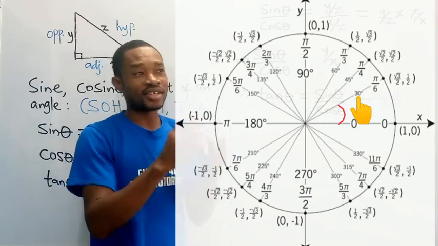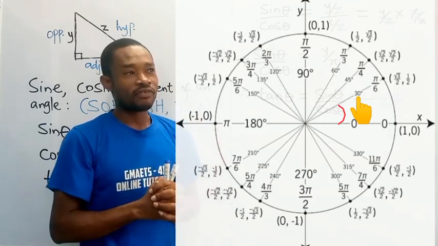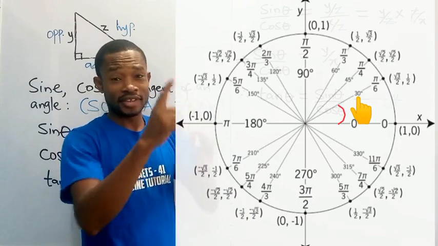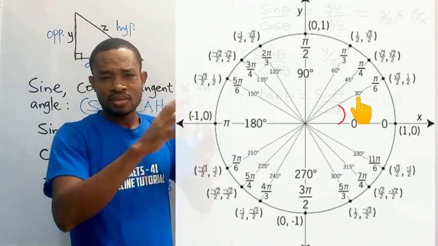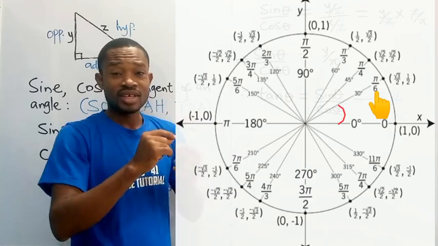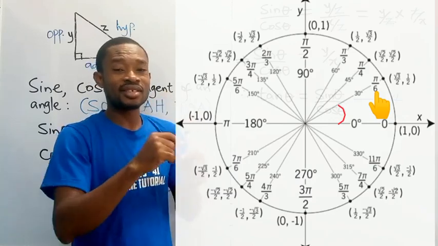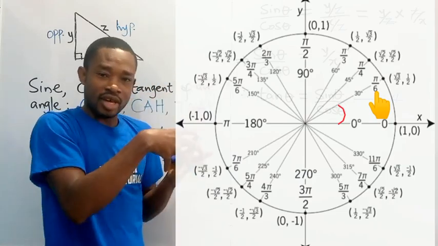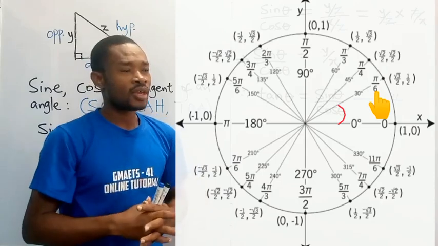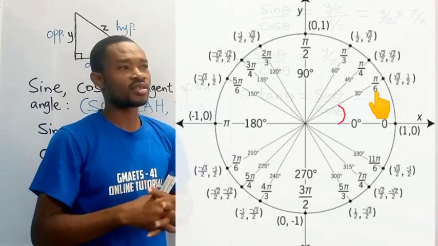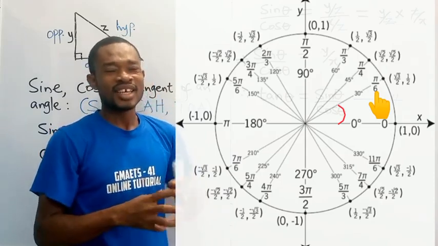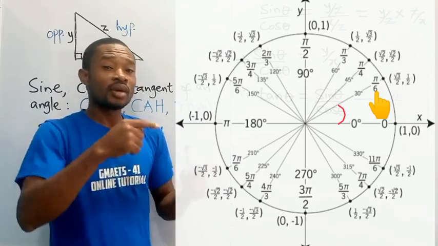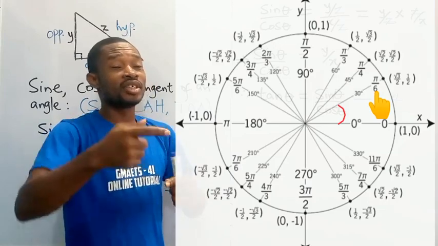And there are values written there. For example, you see that value with pi there, pi over 6. By the way, that value, pi over 6, is the value of 30 degrees in the unit of radian. Degree as unit of angle, and then you have pi over 6. That pi over 6 is the equivalent of 30 degrees, but now in the angular unit of radian.